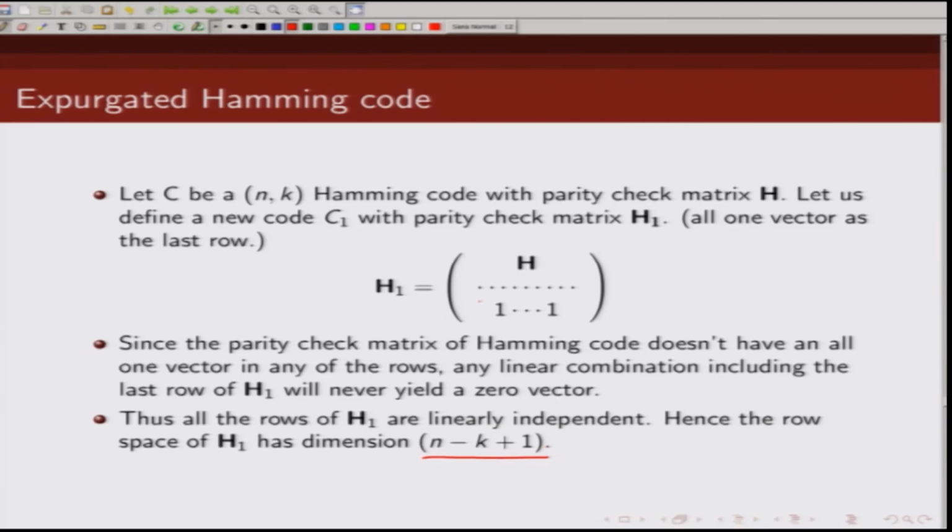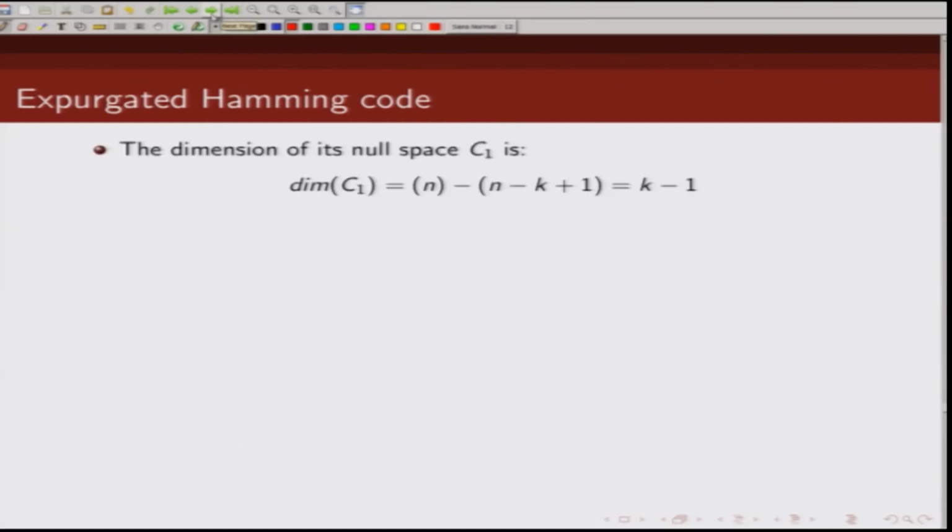And what is the number of columns of this matrix? That is n. So, the rank of this matrix is n minus k plus 1. Then what is the dimension of the null space of this, or what is the dimension of the code here? It is n minus the rank of the H1 matrix. So, that becomes k minus 1.